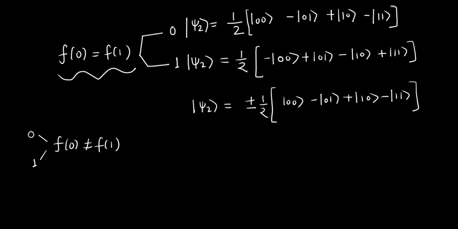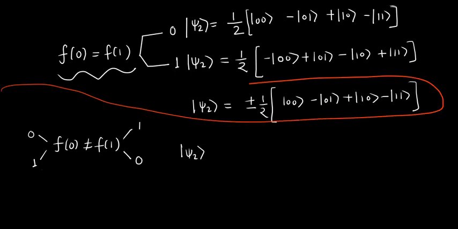Now let's see when f0 is not equal to f1 and f0 is equal to 0, right? Then f1 will be 1, and when f0 is 1, it will be 0, right? Because when f0 is 1, f1 is not equal to f0, so it must be 0. So in that case, if you follow the first scenario over phi 2, this is the case when f0 is equal to f1, we will have this.